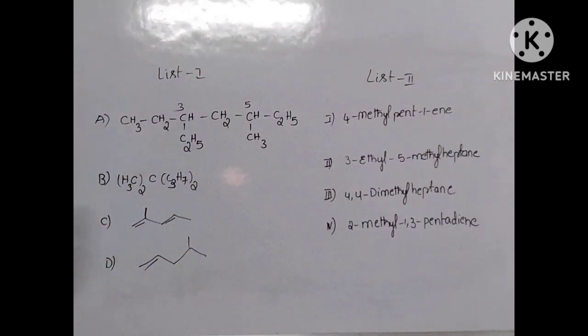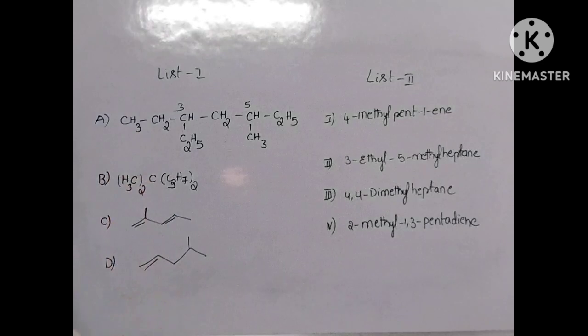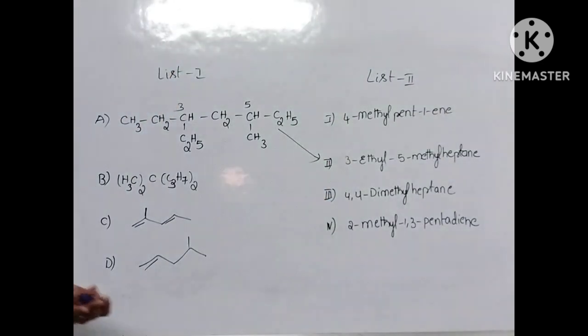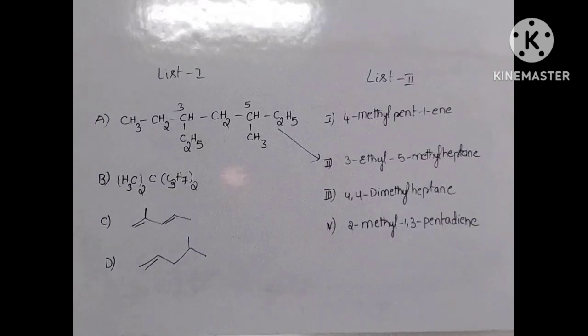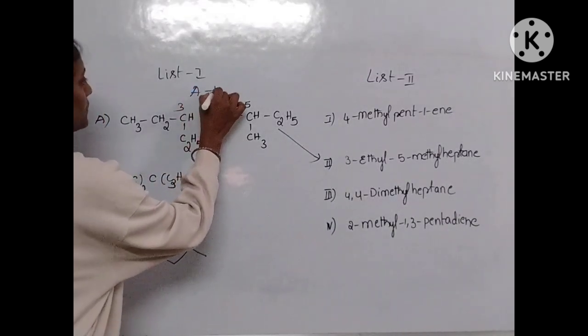So it is 3-ethyl-5-methylheptane, 7 carbons means heptane. A becomes 2.